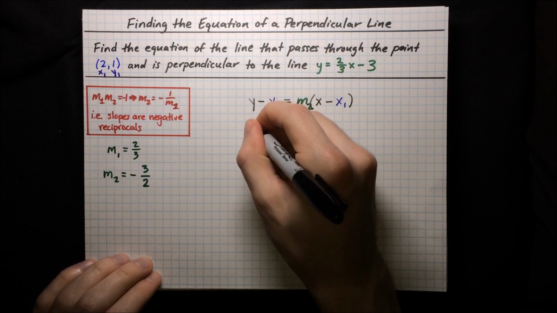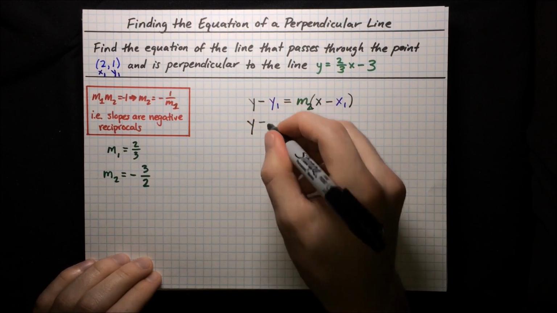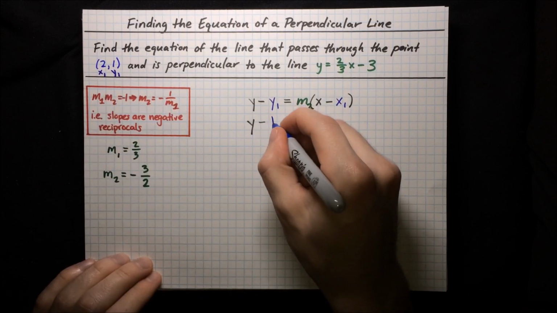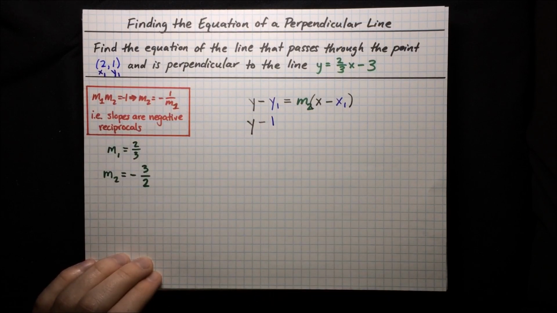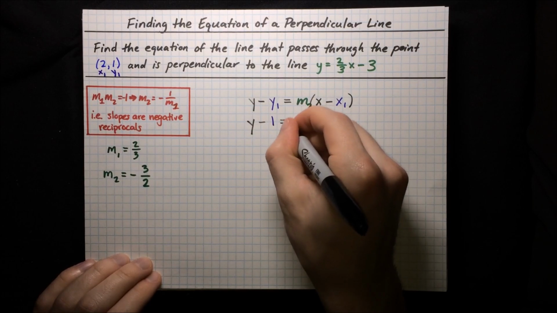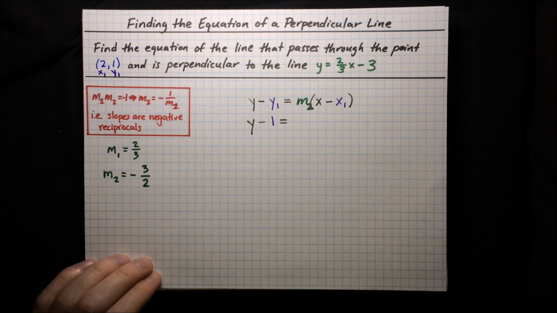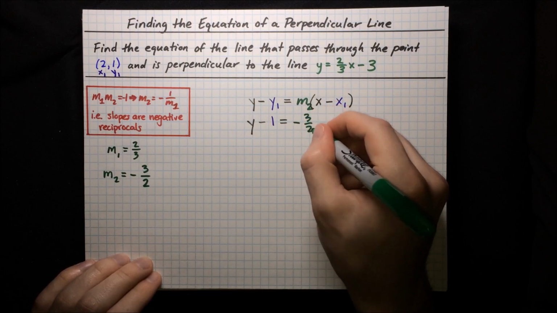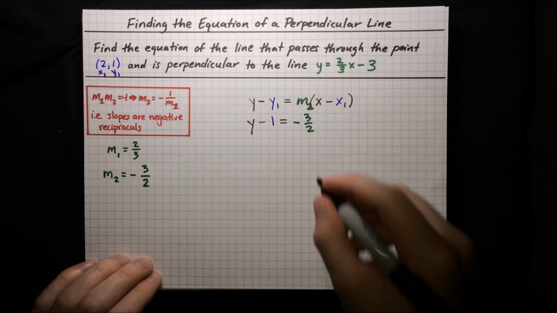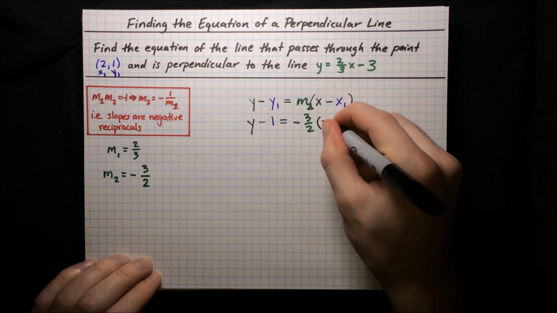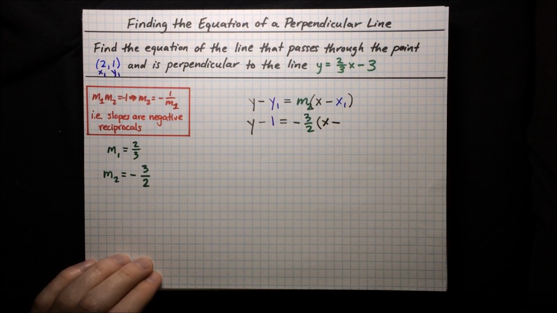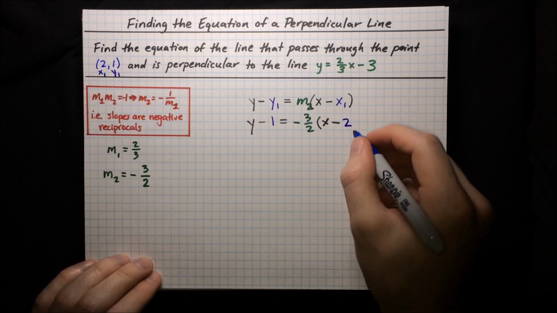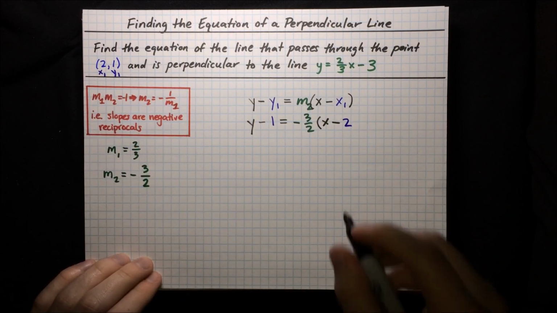So we've got y minus y1. y1 is just 1, as we saw here. y minus 1 is equal to m2. m2 is down here, negative 3/2, times the quantity x minus x1. There's x, then minus, and then x1 is just 2. So x minus 2. Okay, great.